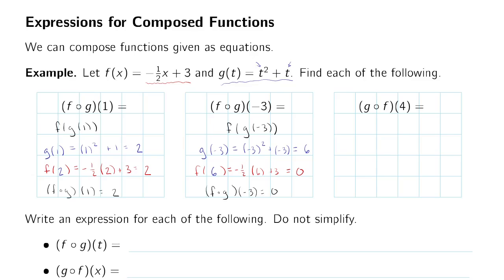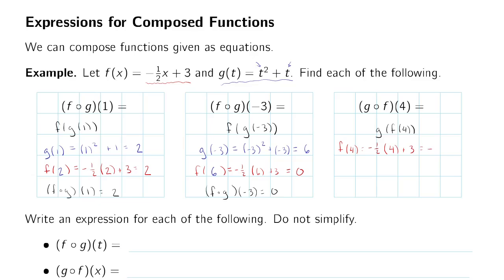And finally, if we want to take g composed with f of 4, well, that's g of f of 4. So we'll take f of 4, that's negative a half times 4 plus 3.